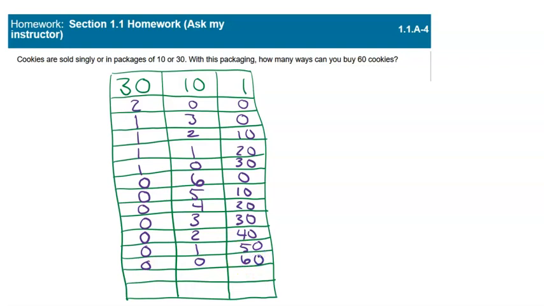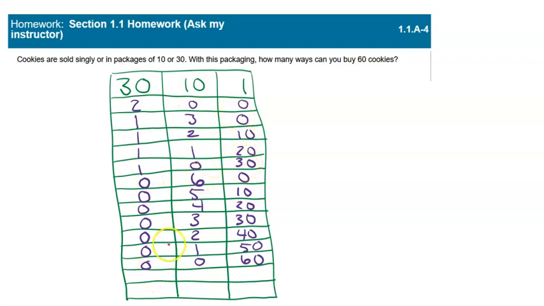Now, by my view, there are no more options. Now, that's not to say I didn't leave anything out. I hope I didn't leave anything out. But it feels like I've exhausted every possibility because I started with 30 being the biggest it could be and stepping down the rest of them. And then I went with 1 and started stepping down the 10 as low as it'll go with these left over.